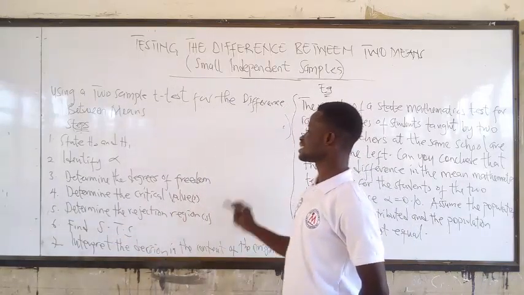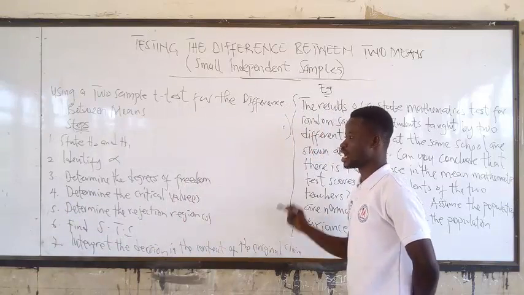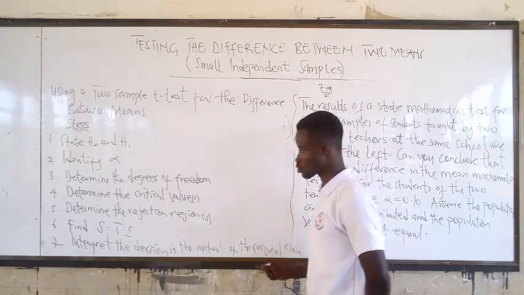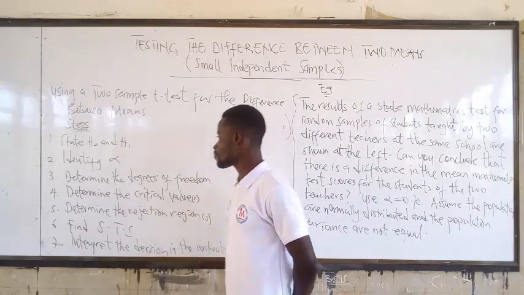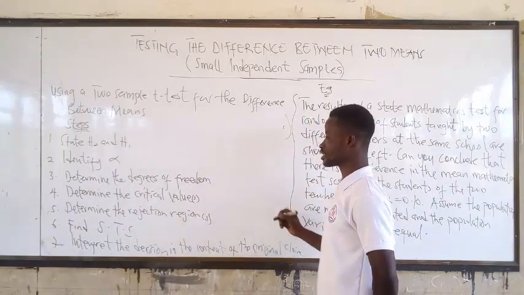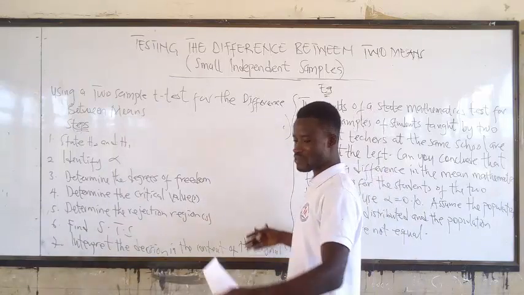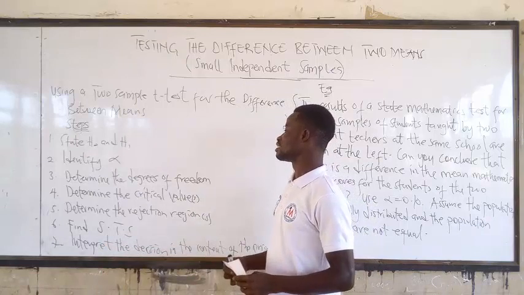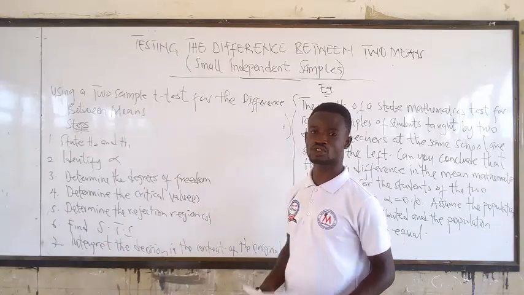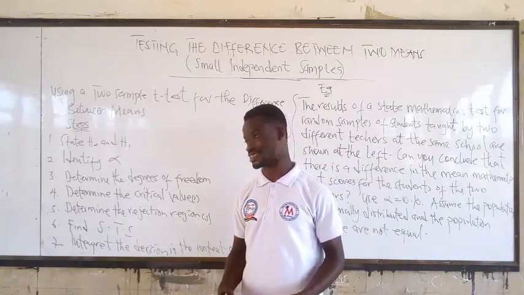4. Determine the critical values. And you know the critical value. 5. Determine the rejection region. So when you determine your critical value and you have your normal curve, then you can determine your rejection region using the standardized test statistic.